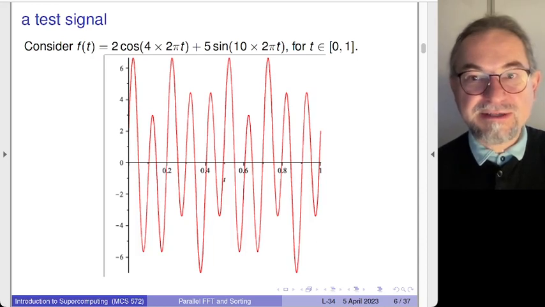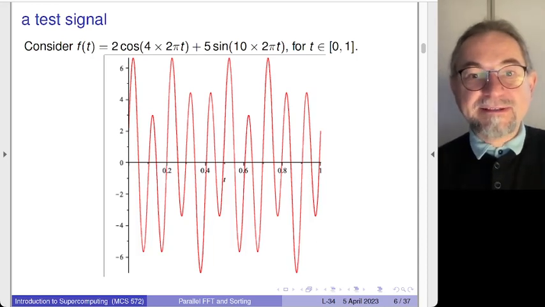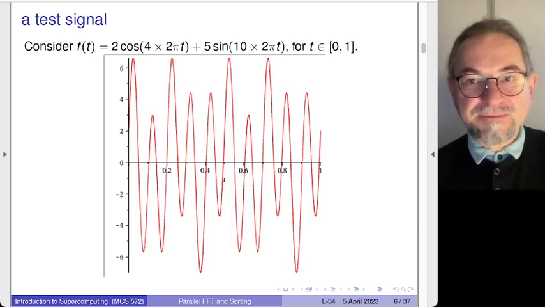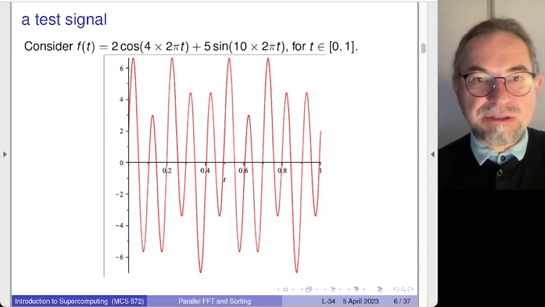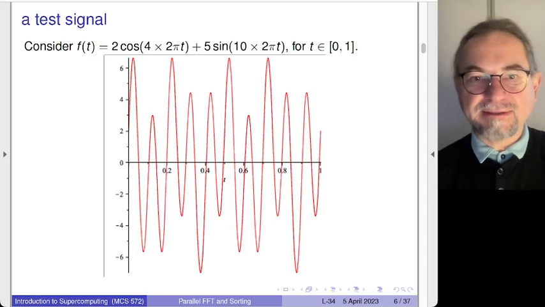So here is what it does. In the time domain, we have a test signal of two components running at two different amplitudes, 2 and 5, and two different frequencies, 4 and 10.